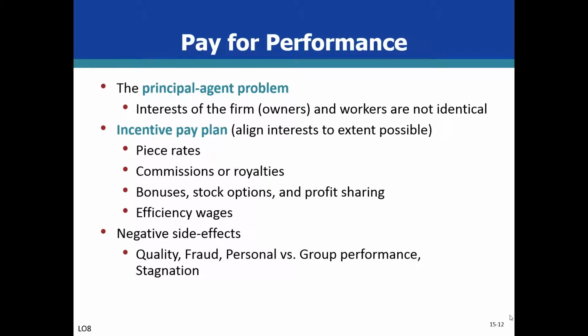Think Volkswagen or Wells Fargo or Enron. Massive fraud among white-collar workers. Not in the interests of the company. Looking out for their bonuses, for their reward system. The company and the workers were not aligned.